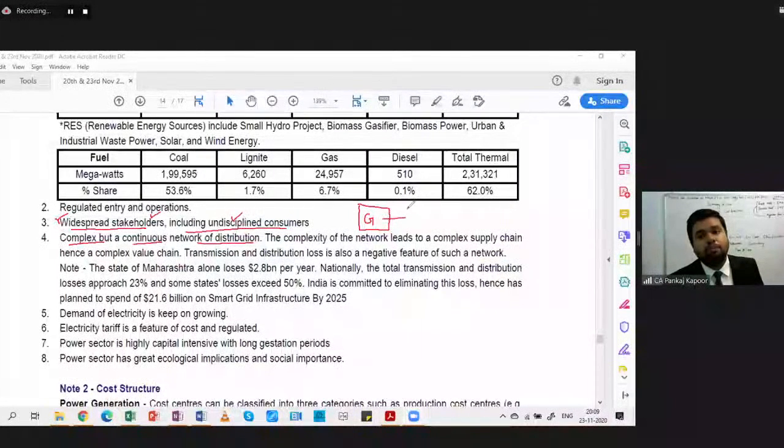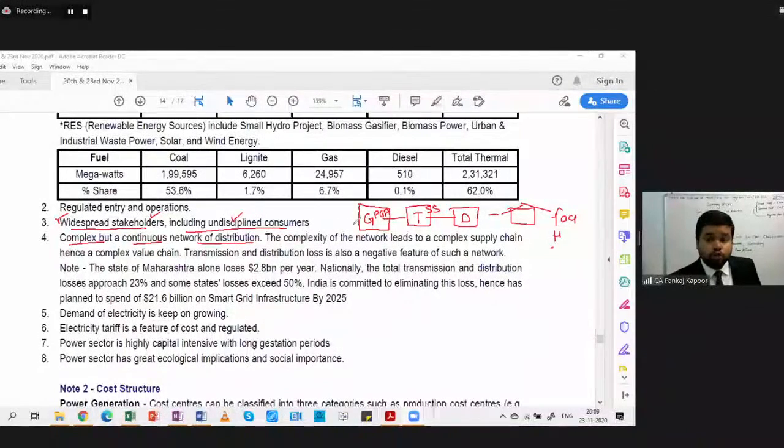Then with the help of the power transmission company, it is transmitted from the power generation plant to the substation. And then through the distribution company, it is made available to your household or to factories or companies or other places.